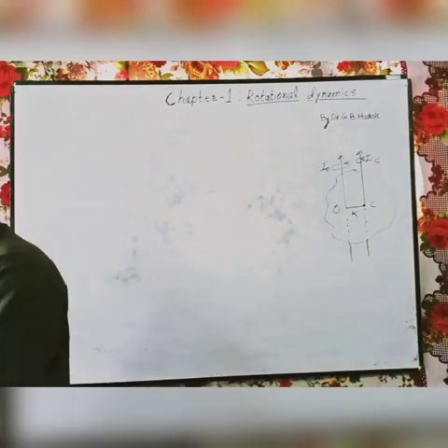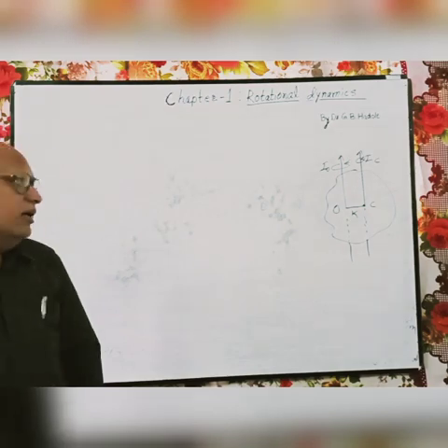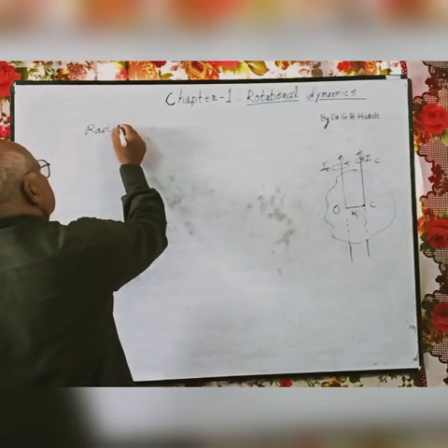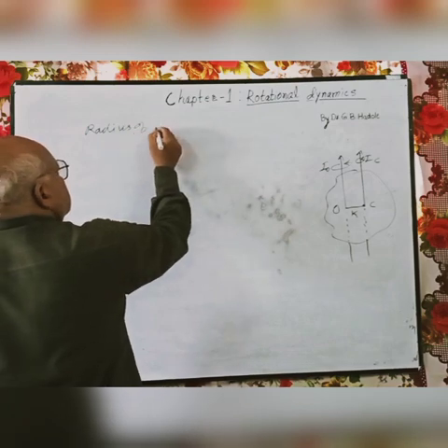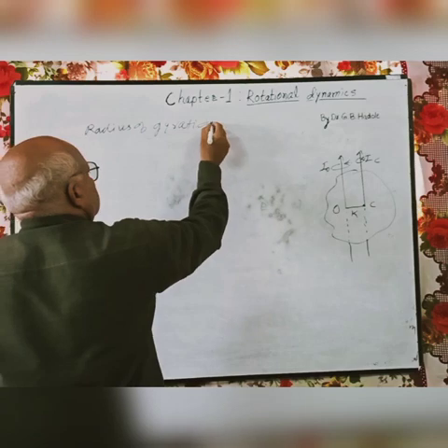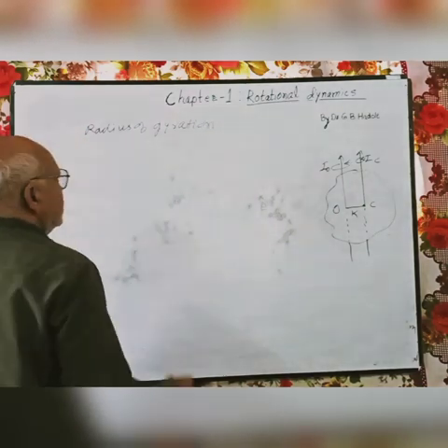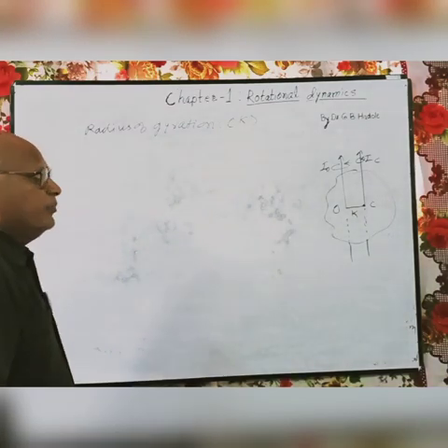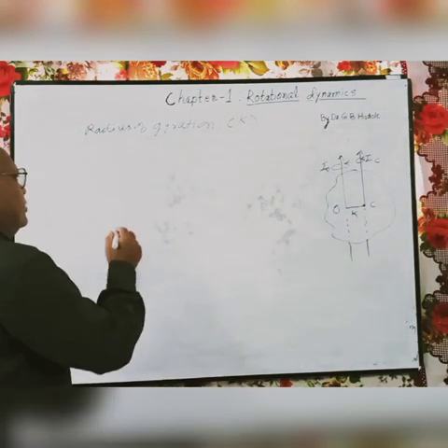is called the radius of gyration. This radius of gyration is denoted by the letter small k. What is the radius of gyration?